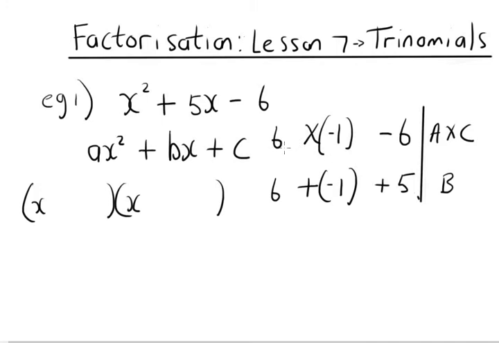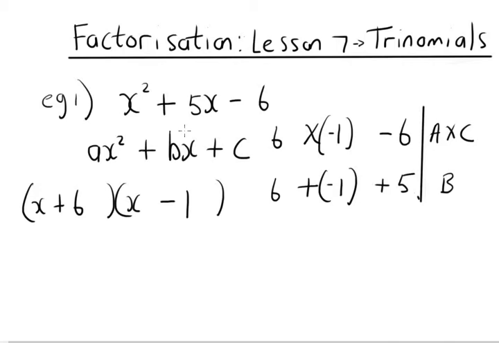The positive 6 goes over there, and the negative 1 goes over there. It's as straightforward as that. When you multiply this out, you get x squared, and negative 6, and when you multiply the middle terms, it's negative 1x plus 6x, which gives me positive 5x.